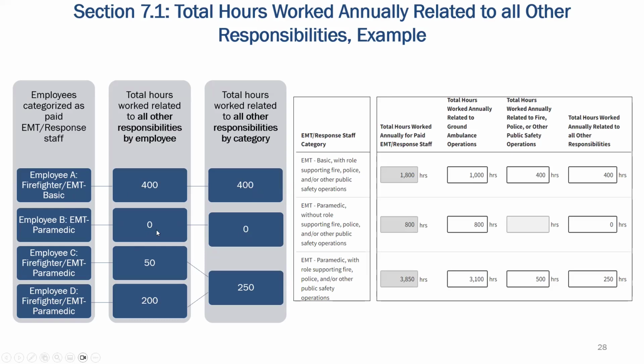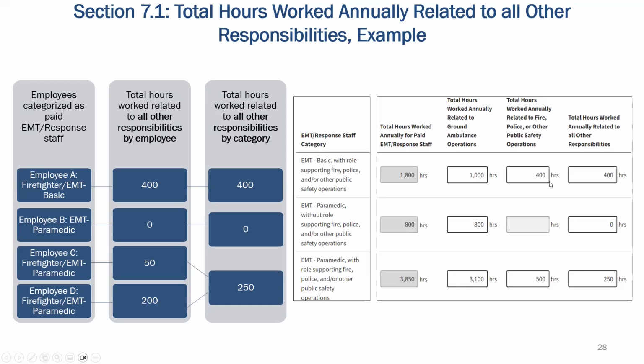The EMT paramedic might have 0, and then employees C and D could have 50 and 200, or 250 total. So you'd put those hours worked related to all other responsibilities in the rightmost column in the table, and you'd end up with totals across these rows that the system will add up to come up with this total hours worked here.